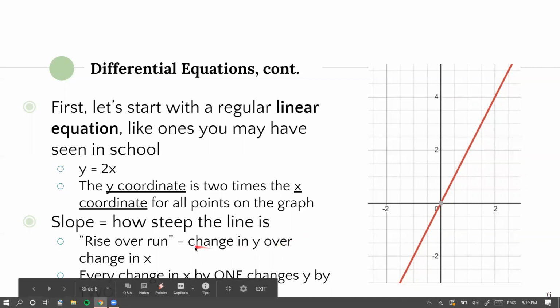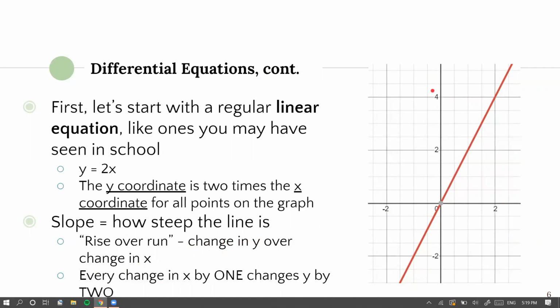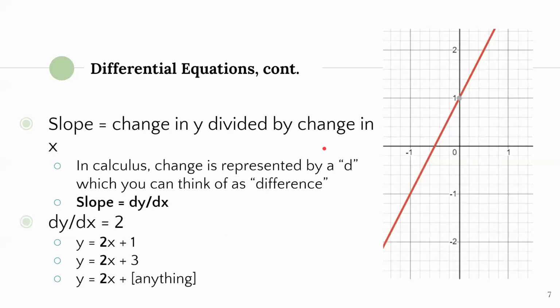So the bigger the slope is, the steeper the line is. Again, the equation for slope is just a change in y for every change in x. So if the change in x is 2 and the change in y is 4, then the slope is going to be 4 over 2, which is 2. Hopefully you guys are comfortable with that concept. If not, you can just let me know in the chat and we'll go over it again. But that's just what slope is.